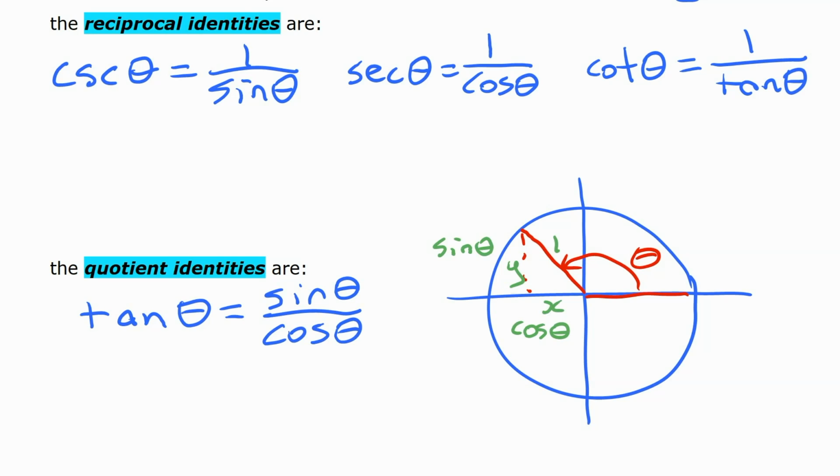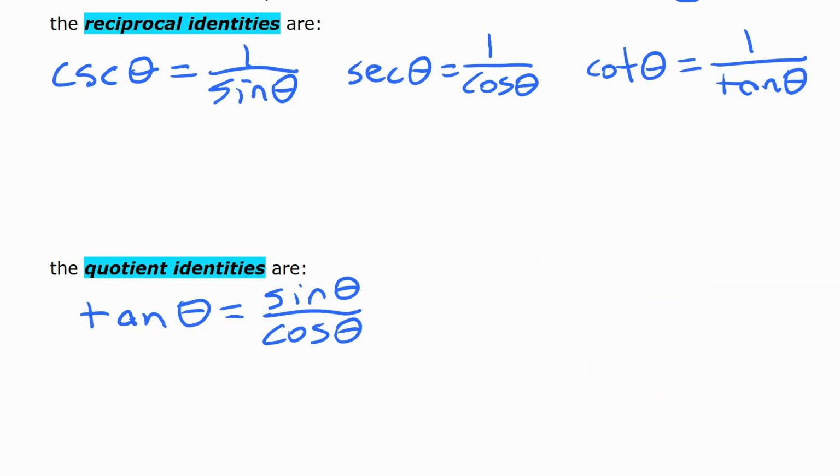And the definition of tangent, since tangent is the y coordinate divided by the x coordinate, even if you're thinking for that little reference triangle of just right angle trig, it's the opposite over the adjacent there, that the tangent is y over x. That leaves us with tangent is y, the sine ratio, divided by x, the cosine ratio. So that's where that identity comes from.